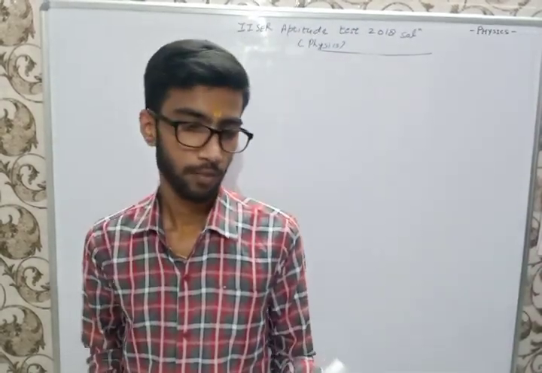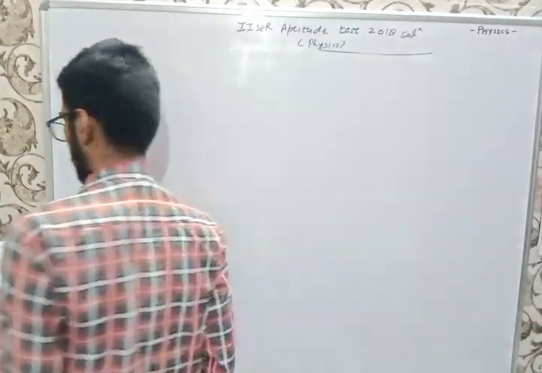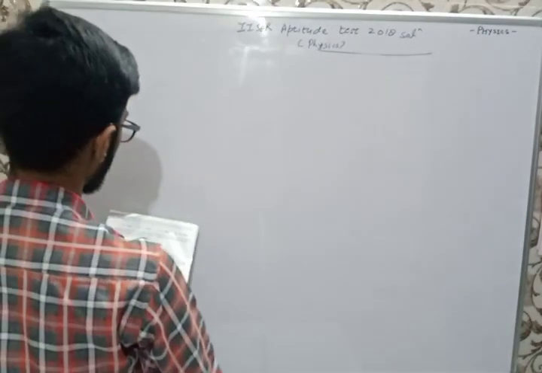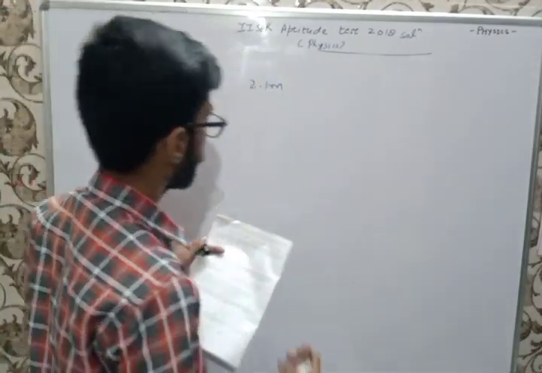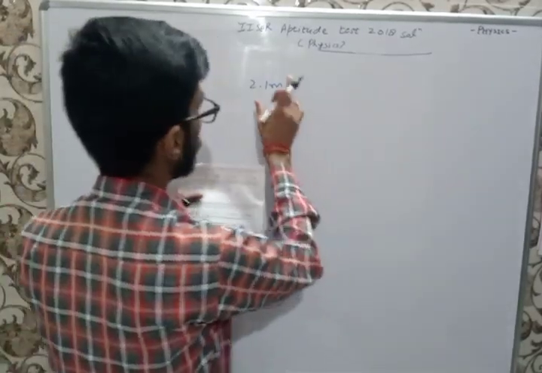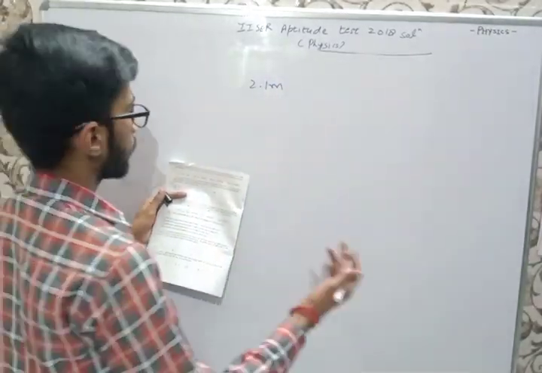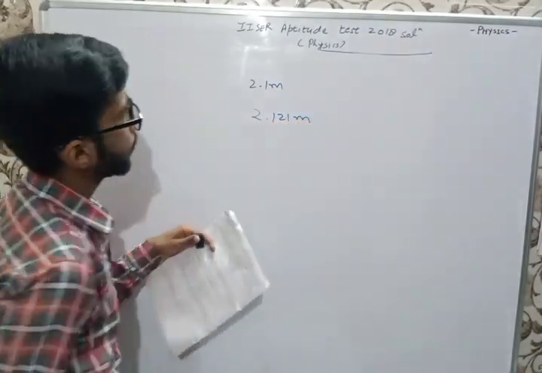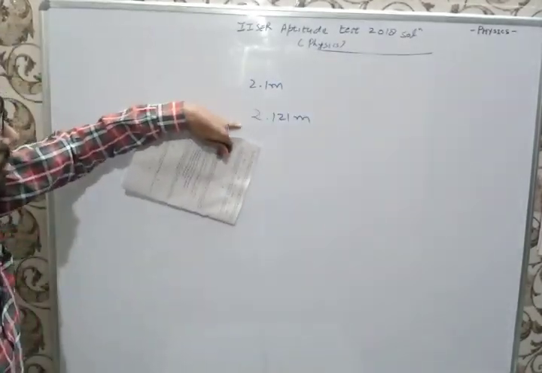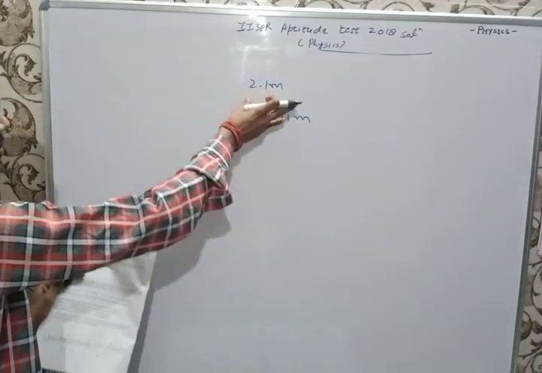Now next problem. You have an iron ring of radius 2.1 meter, and you want to fit it into a wheel of radius 2.121 meter. So clearly the ring is smaller, the wheel is larger, so you have to expand it.